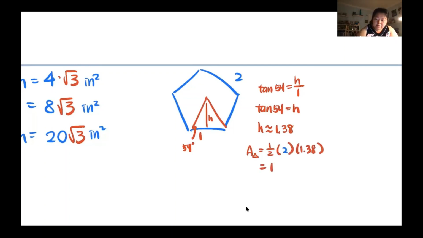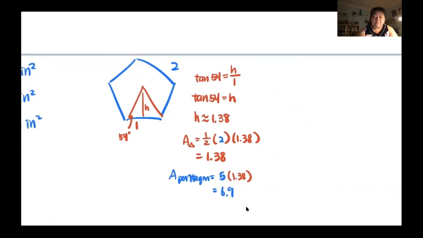So multiply it out, you get 1.38. And now the area of a pentagon, or this pentagon, is 5 of these triangles. So 5 times 1.38, which gives me one pentagon to be about 6.9, right?